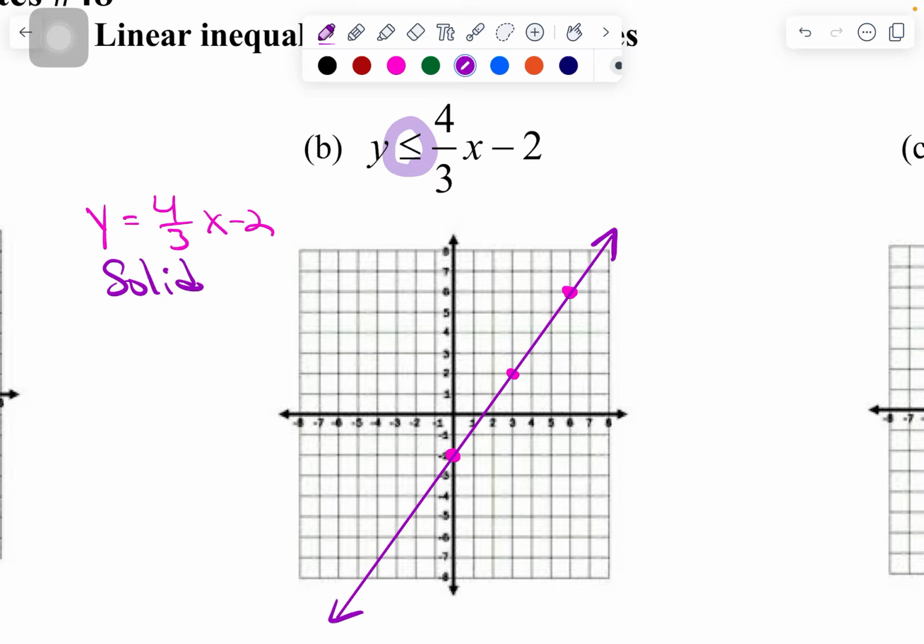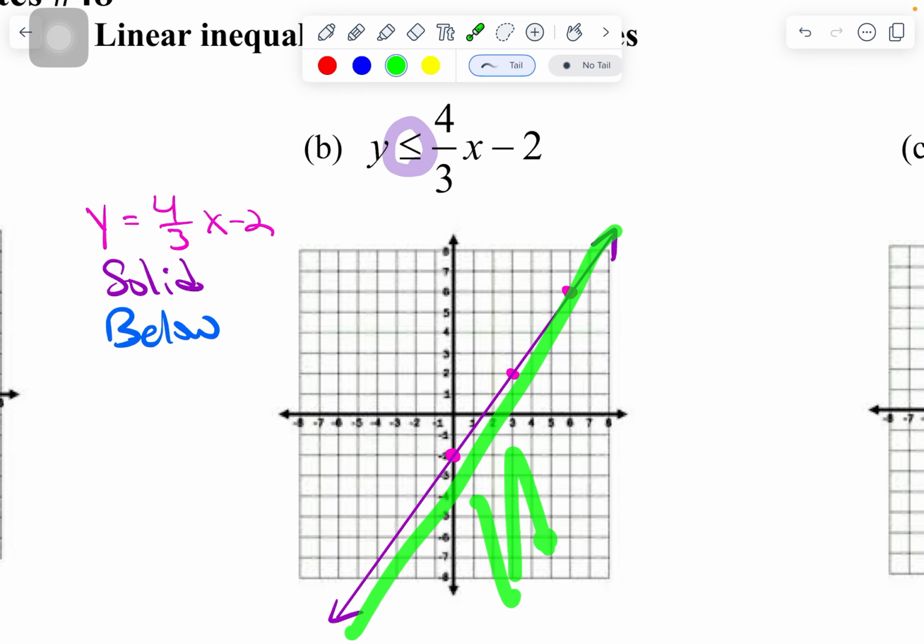And for our shading, the inequality is less than, so we want to shade below our boundary line.